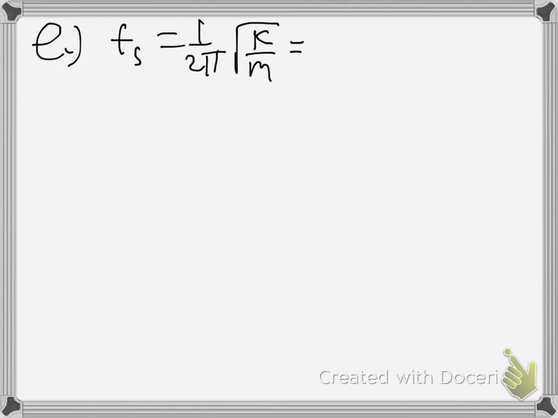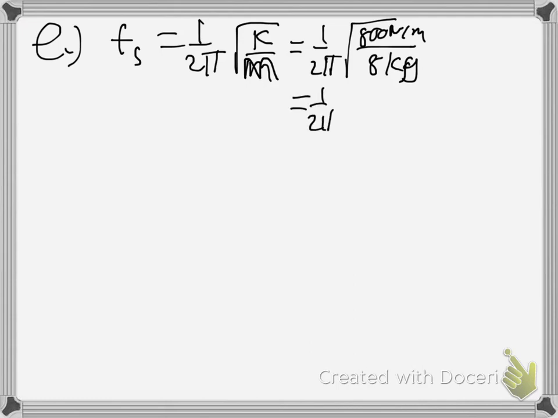Alright, so let's plug these in. And I know we love to use our calculators, but sometimes, and this is capital M here, this is the 8 kilogram mass, sometimes you can simplify things with your mental math. Because look how this simplifies.